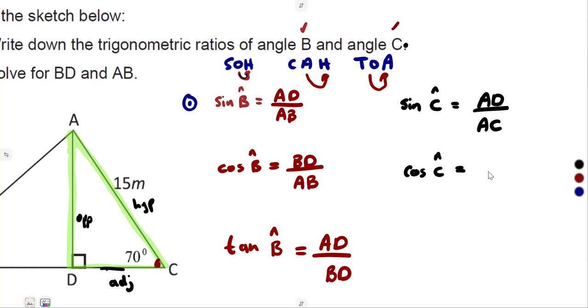Adjacent, that is our DC or CD, over the hypotenuse, which is AC. The same thing for the tan of that angle. The tan of angle C is equal to opposite over the adjacent. Our opposite is AD and our adjacent is DC or CD. We have our ratios just like that.